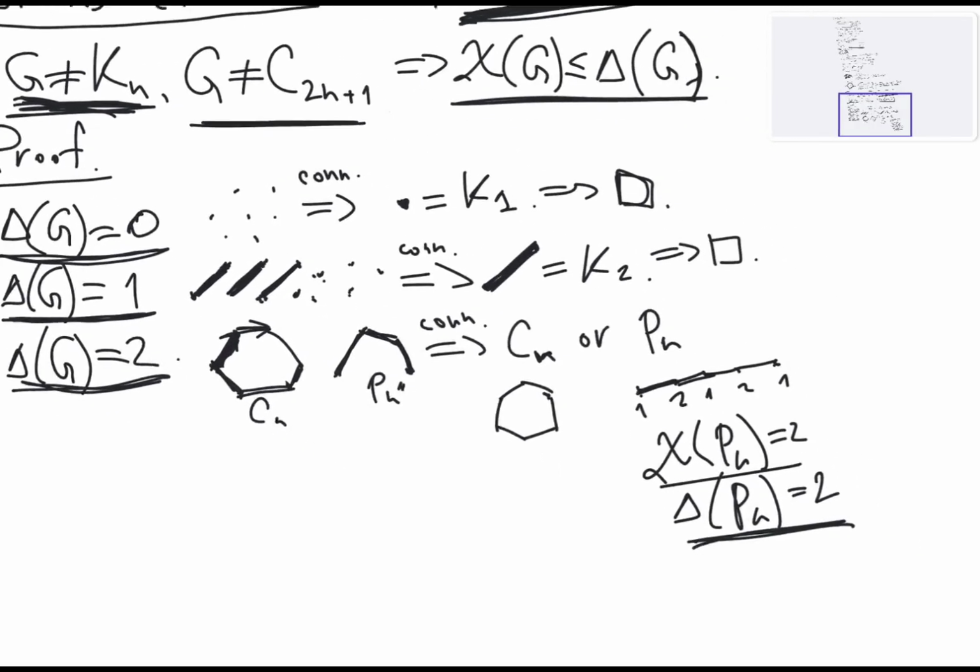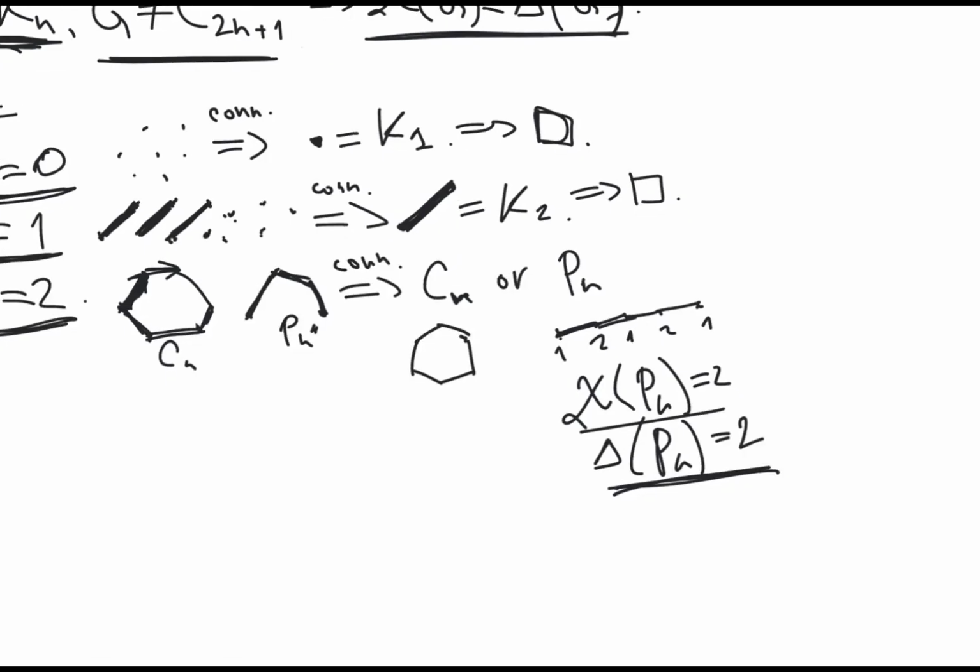And here this is for n greater or equal than 3, because if n is equal to 2, then we have a single edge, then delta would be 1, but then a single edge is a K2, so this is an exception.